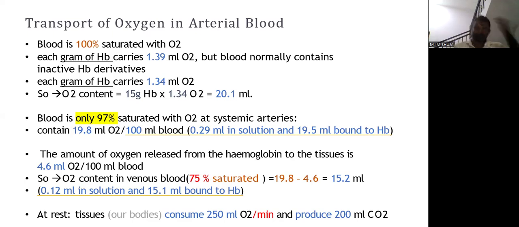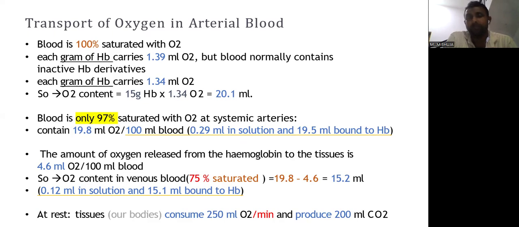So from laboratory findings, they have found each gram of hemoglobin carries 1.34 milliliter of oxygen. So the oxygen content in hemoglobin: 100 milliliter contains 15 gram. So 15 into 1.34, 20.1 milliliter.